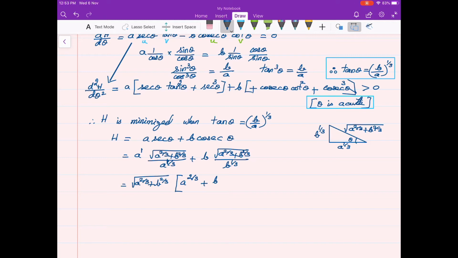Similarly, b power 1 divided by b raised to 1 by 3 will become 1 minus 1 by 3, b power 2 by 3. Therefore, the answer is a raised to 2 by 3 plus b raised to 2 by 3 whole power 3 by 2 units. So, this is the length of the hypotenuse.